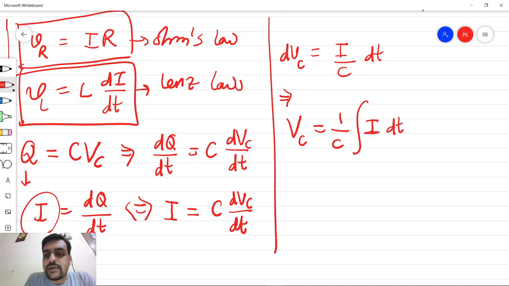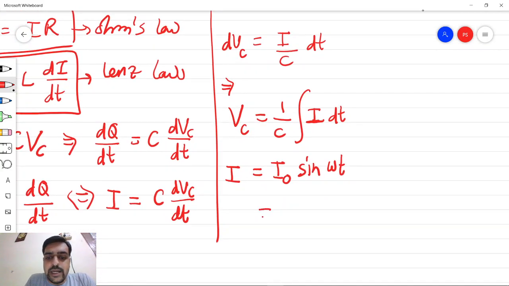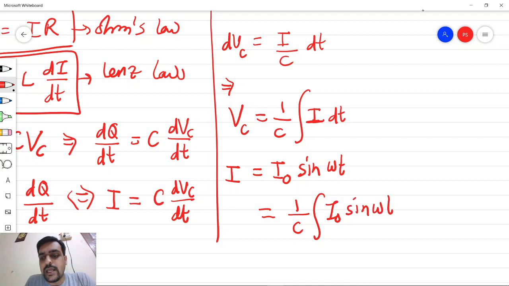Now this I cannot be taken outside because it is not a constant, but it is a sinusoidally varying current I0 sin omega t. Now this can be integrated to get a value 1 upon C times the integral of I0 sin omega t.